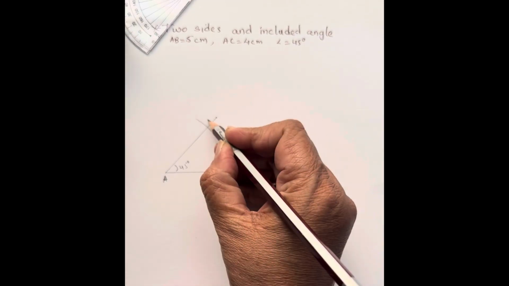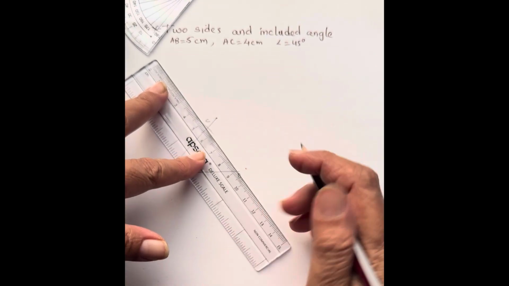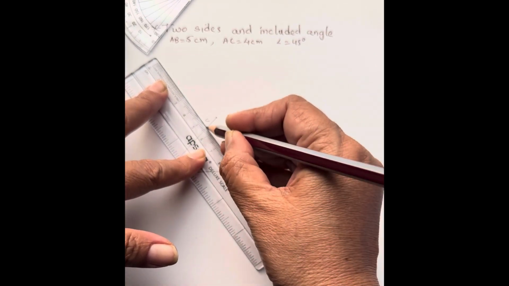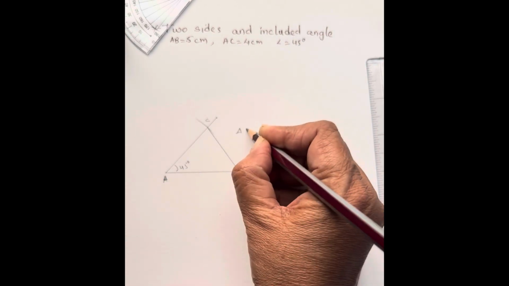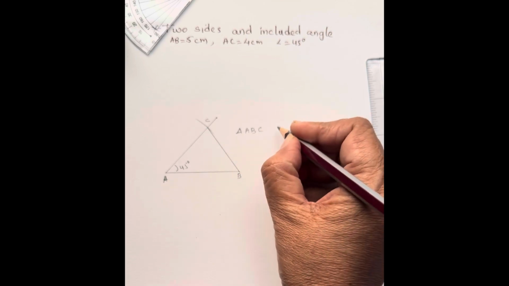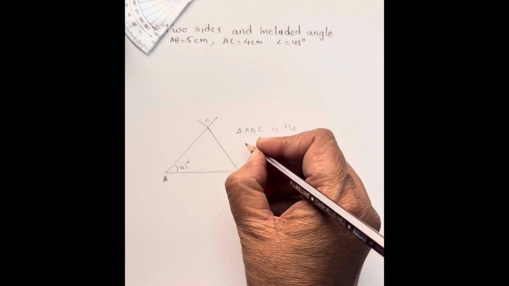So this will be your point C. And now you can join BC. Right? So triangle ABC is the required triangle.